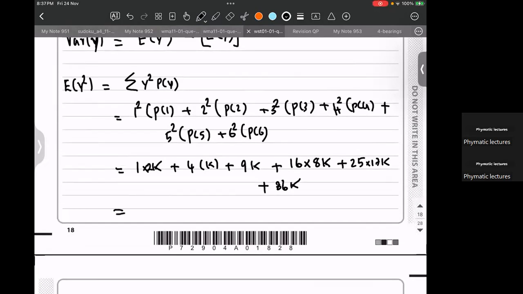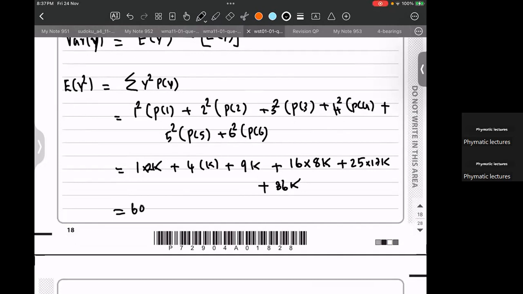Then you take your calculator and add it: 2k plus 4k plus 9k plus 16 times 8k plus 25 times 17k plus 36k.